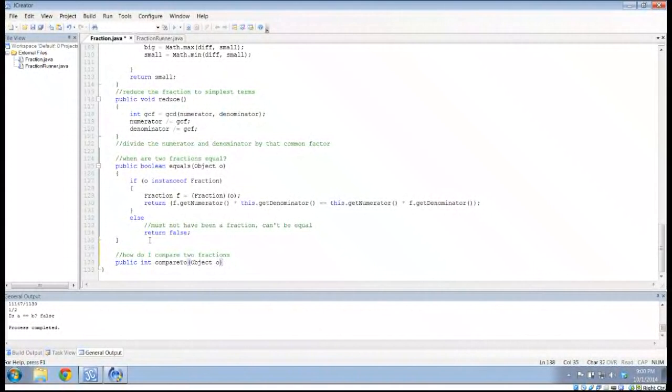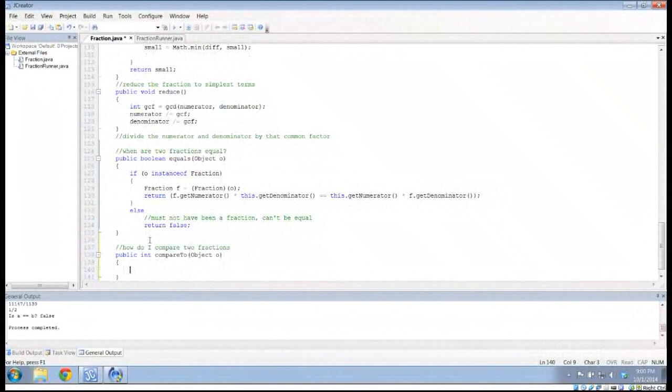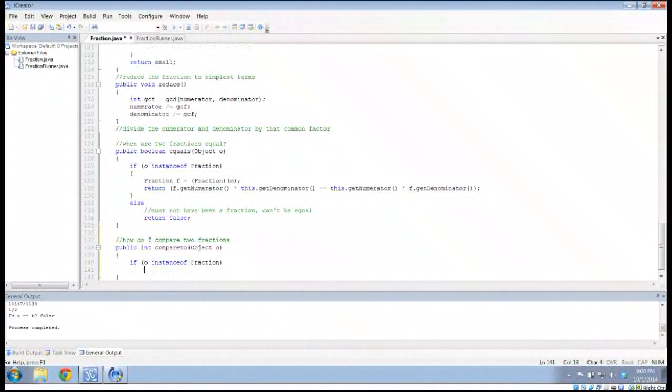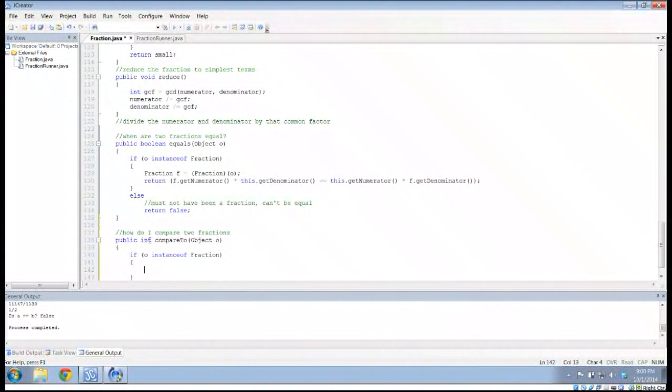So I need to prepare myself for that. And I'm going to prepare myself the same way. I'm going to see if what I'm dealing with is an instance of the fraction class. And if it is, then I want to create a fraction called f, and I'm going to cast O as that fraction.